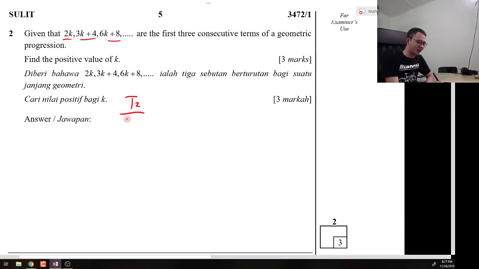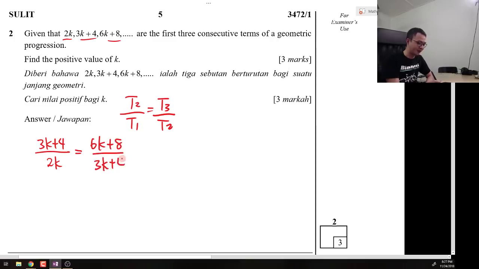Second term over first term will equal the third term over second term. You should be familiar with this one because we're going to use it here. So 3k plus 4 divided by the previous term 2k will equal 6k plus 8 over 3k plus 4. Second term over first term equals third term over second term.